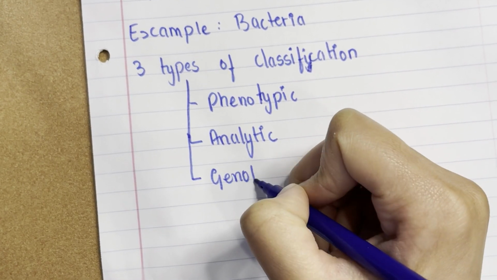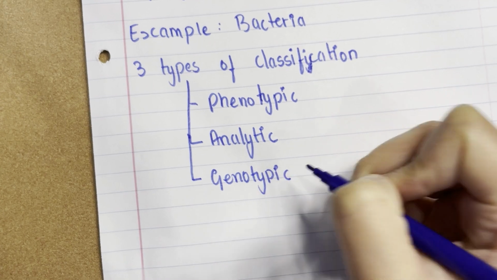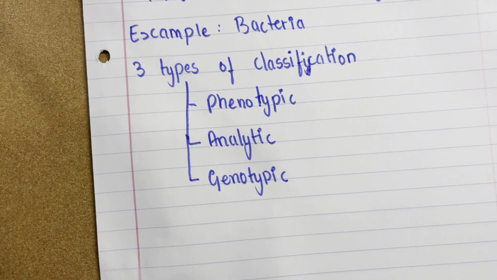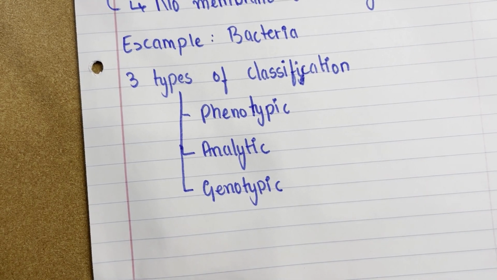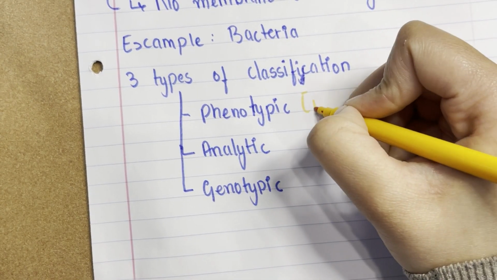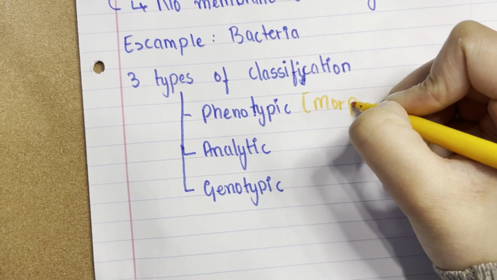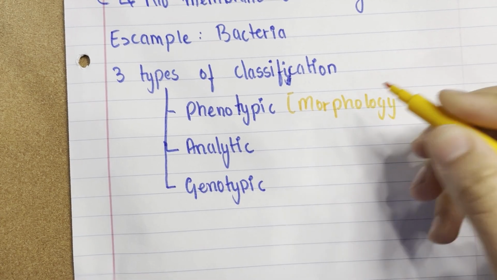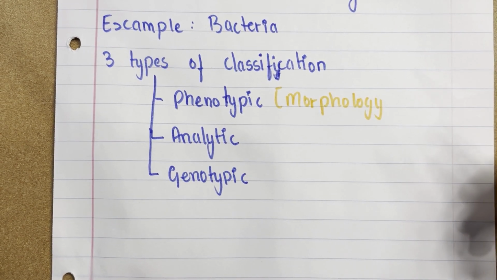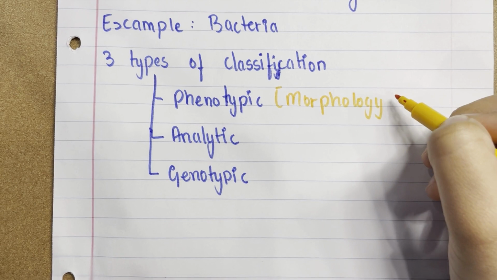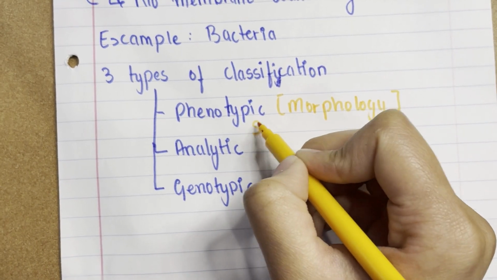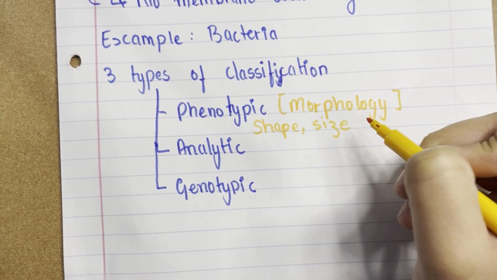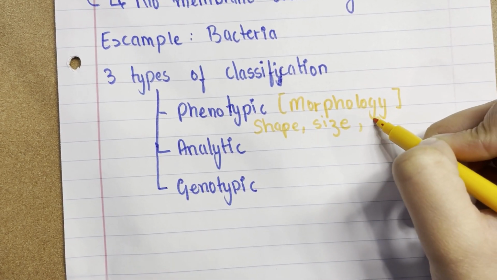A phenotypic classification, as the name suggests, depends on the morphology of the organism. So it can be the shape, the size, the structure.